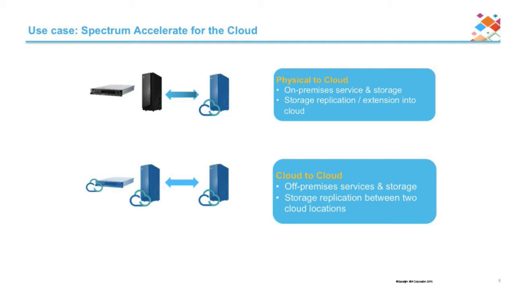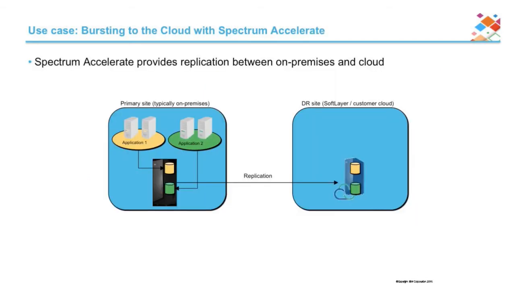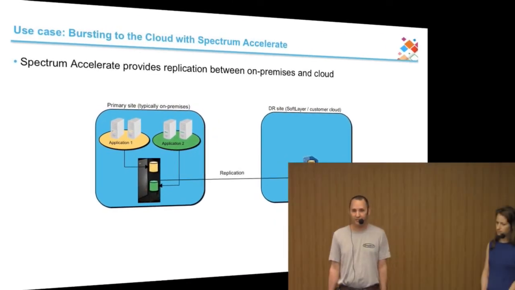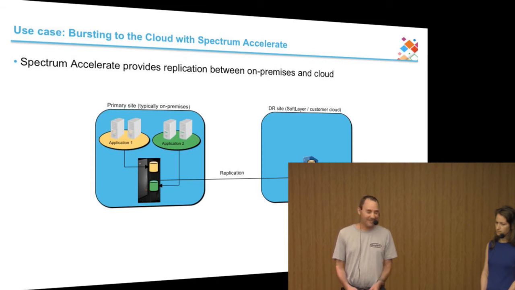And the more interesting use case is what we call bursting. Now, I want to say up front, this is not exactly DR, and you'll see what I mean. Let's say you have an application working or several applications working, and you know there's a big event ahead of you. You know things will work slowly or even crash.